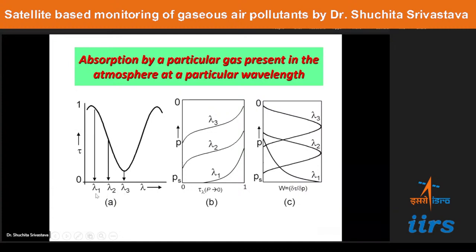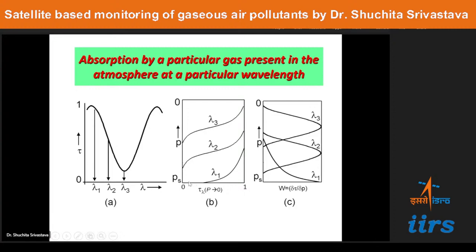Now consider λ1. λ1 is very poorly absorbed, right? The gas is not strongly absorbing this particular wavelength. The absorption cross section is not very high for this wavelength. So what will happen in the atmosphere when it is emitted from the surface of the earth?